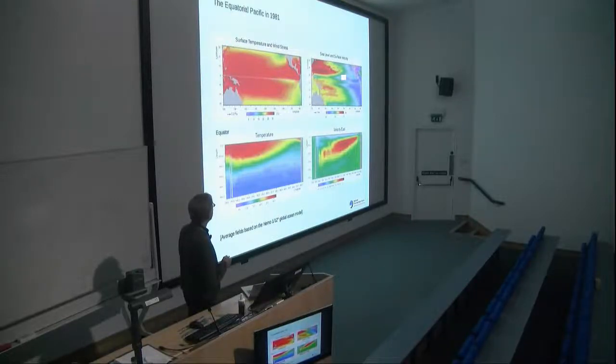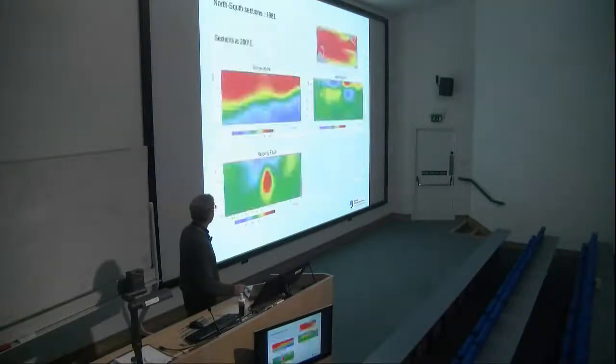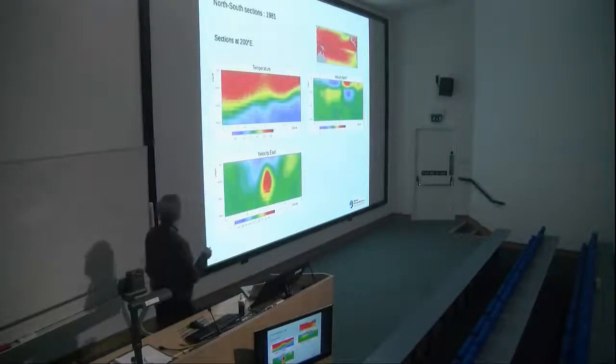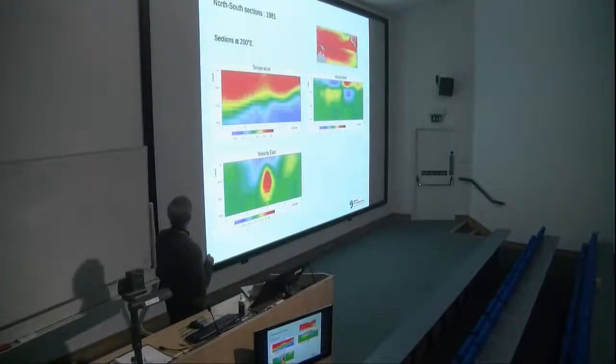And if I look at sea level, the average during the year has this trough due to the Rossby waves, and you have the equatorial trough as well. And looking across the equator, again to give you a rough idea, you've got the Ekman suction at the equator bringing water up. You've got two warm cores, north and south. If you look at the north-south velocities, you've got the Ekman transport away from the equator, north and south.